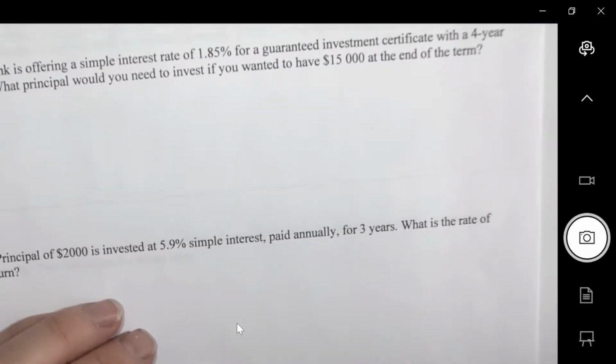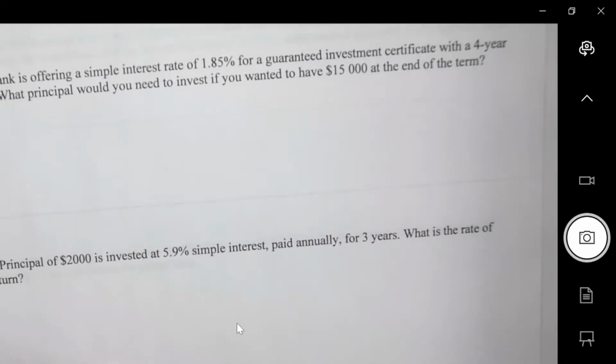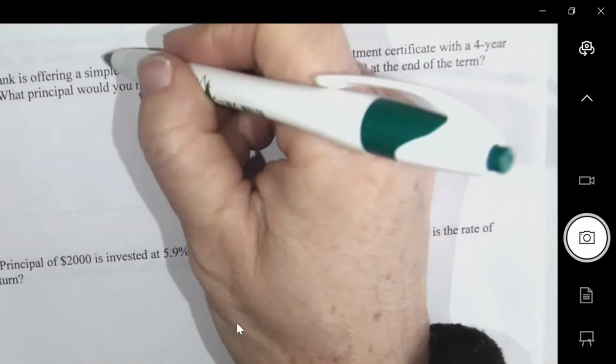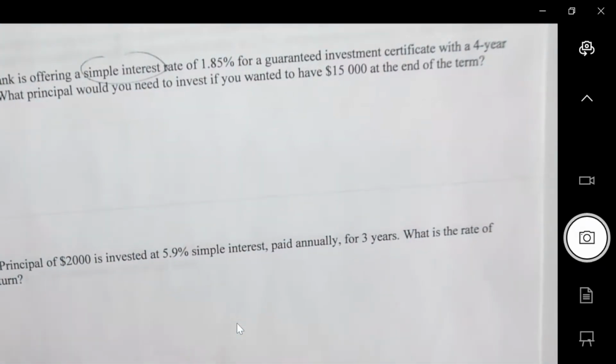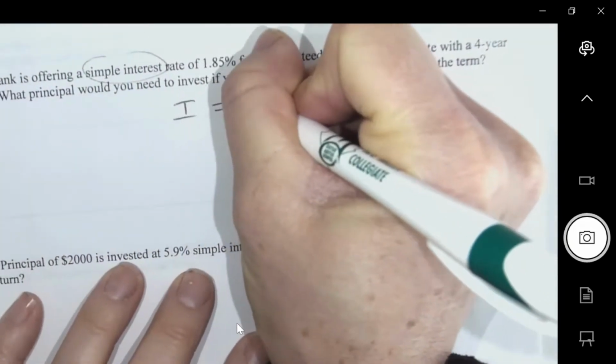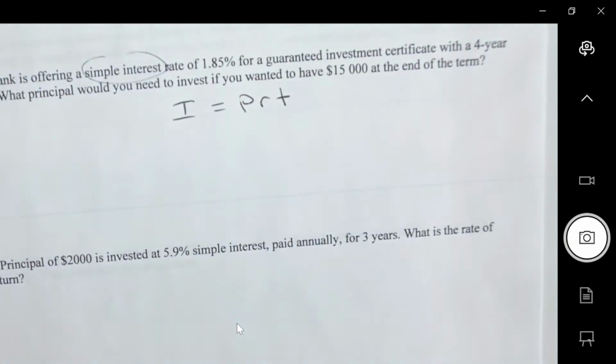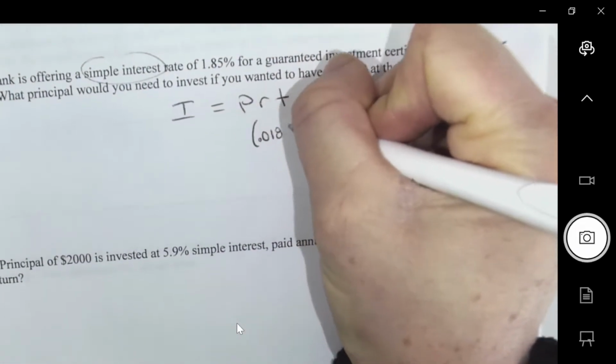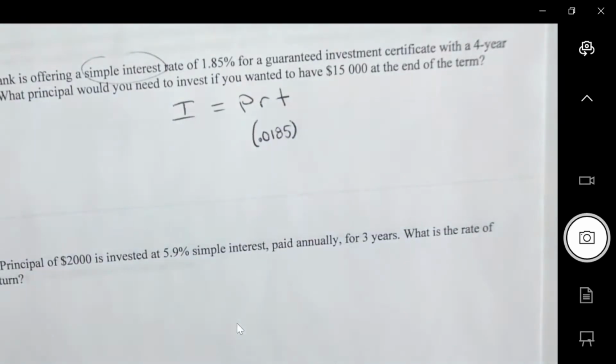Ooh, I don't know if we've done one of these. Okay, the bank is offering, boom, simple interest. Got my strategy. We have 1.85, so a decimal for the rate.